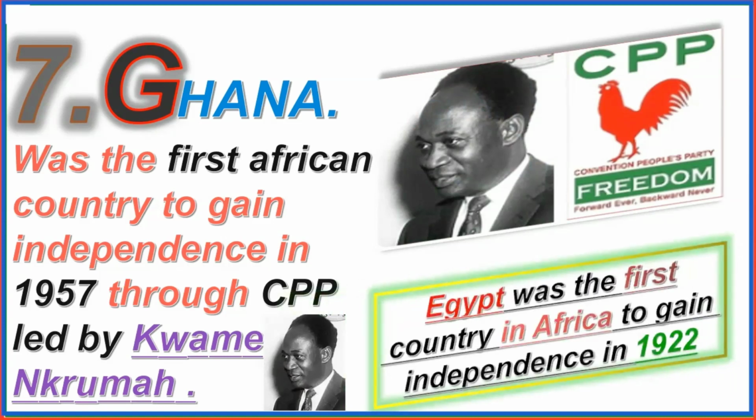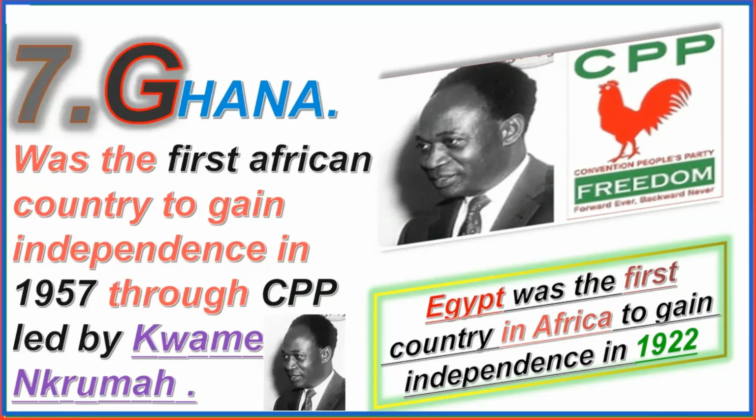But Egypt was the first country in Africa, because we have a difference between the first African country and the first country in Africa. So Egypt was the first country in Africa that is geographically located in Africa. A country not necessarily made of black people, but a country that is geographically located in Africa without mentioning the color of the people.